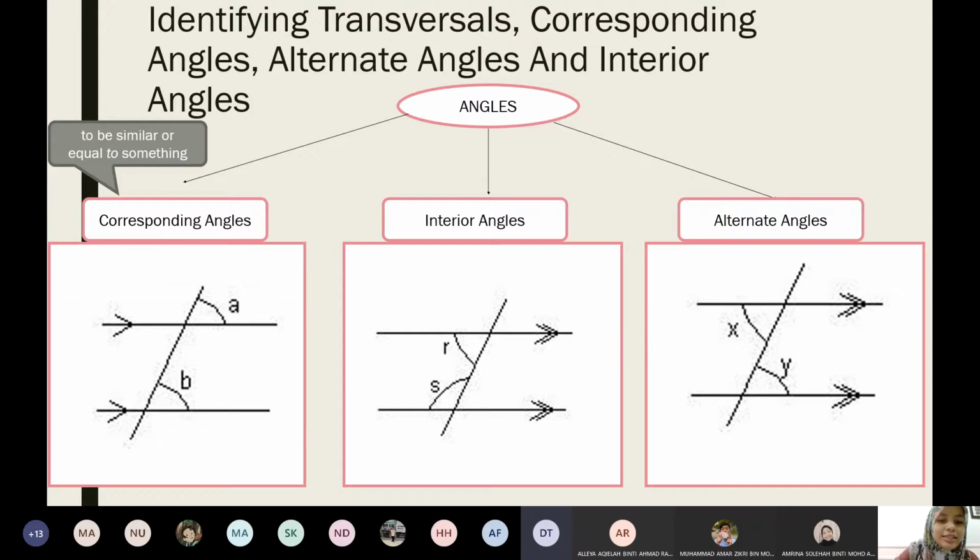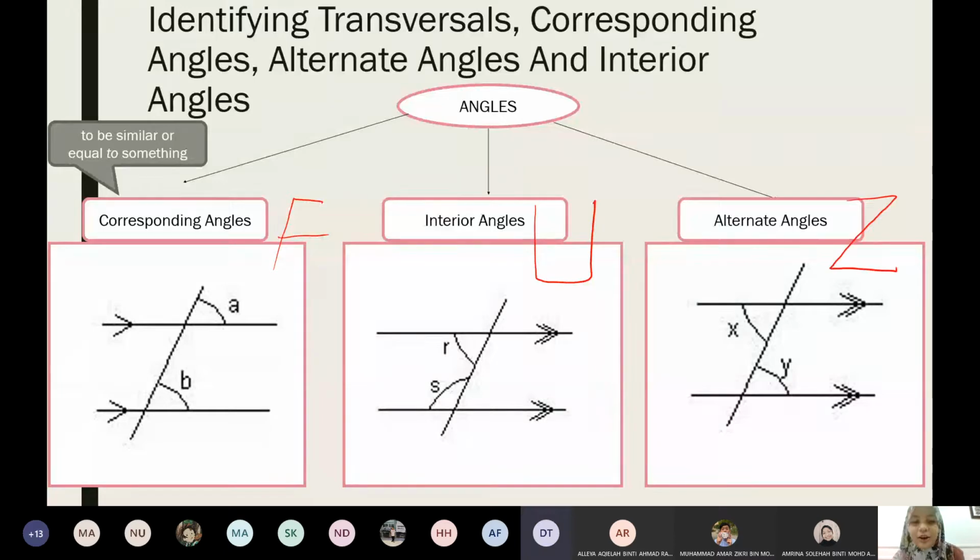F. Yes, betul. Huruf F. Okay, interior angles? U or C? Kalau saya ingat U. Okay, alternate angles? Z.